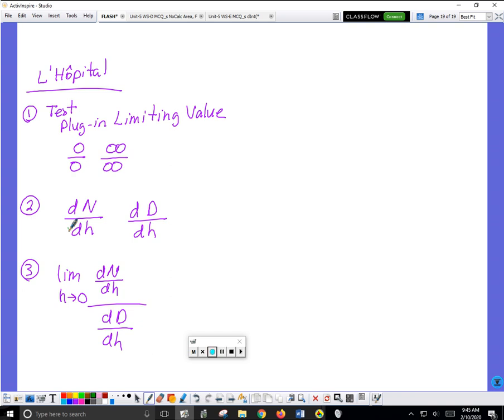Here's a better way to write the rule, to be honest. This is kind of how we talked about it. Here's what you'll see in a textbook. It will say, as long as the test passes, the limit as h approaches any value, just call it a, of some function f divided by some function g, L'Hopital's rule says that limit is exactly the same as this limit.